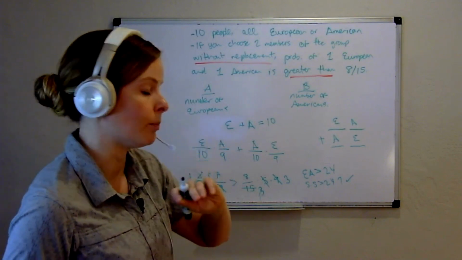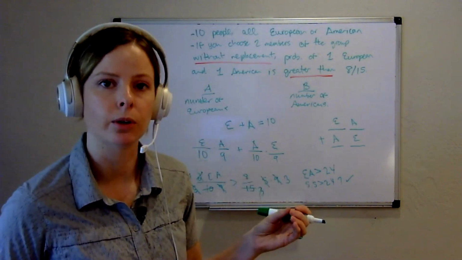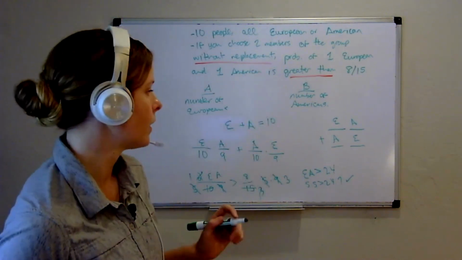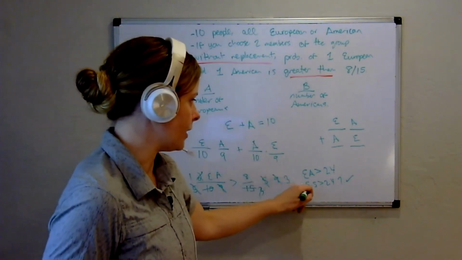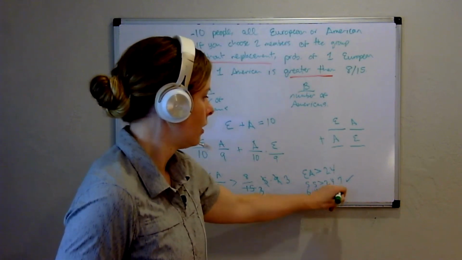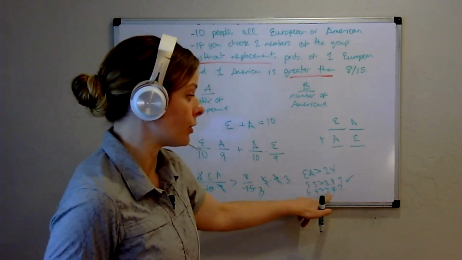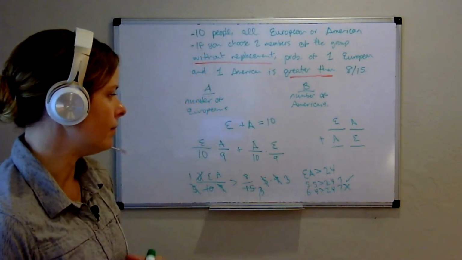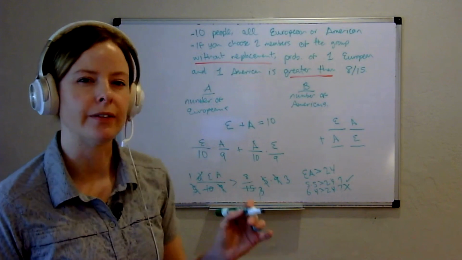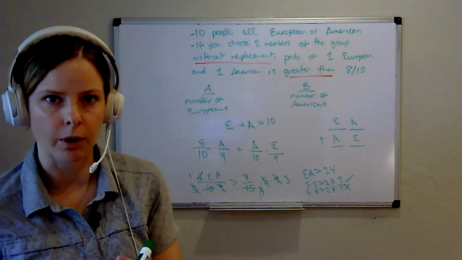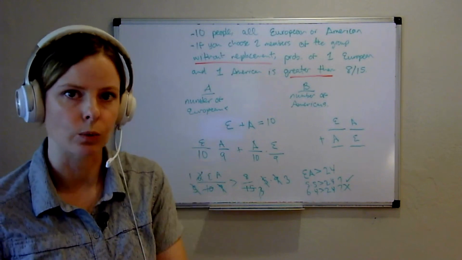But we could break it still, right? It could be possible that one could become greater than the other, so we want to try to break it. What if we had 6 Europeans and 4 Americans? Is that greater than 24? No, 6 times 4 is equal to 24, so it's not greater than 24. Nope, doesn't work. And we could do more examples, but if you just think about it, right, 7 times 3 is going to be 21, we're getting smaller. 8 times 2 is going to be 16, we're getting smaller.